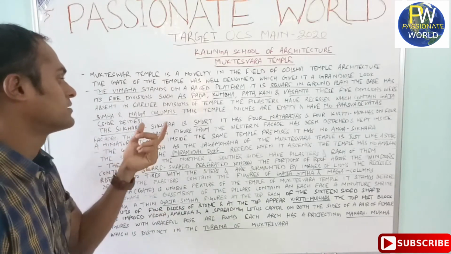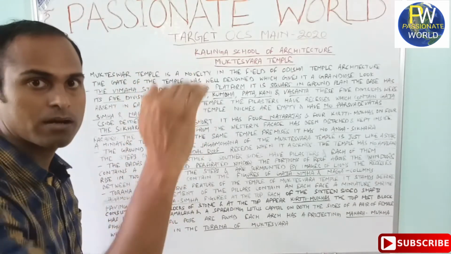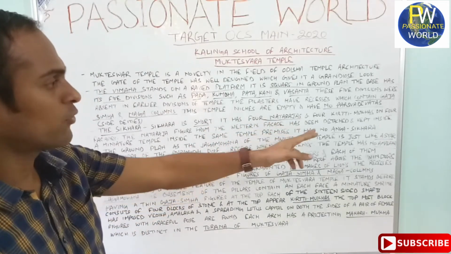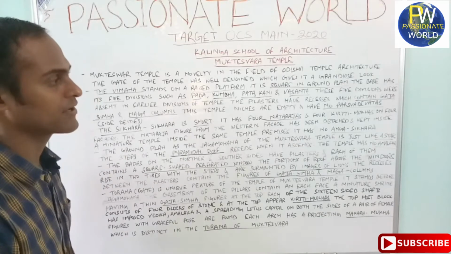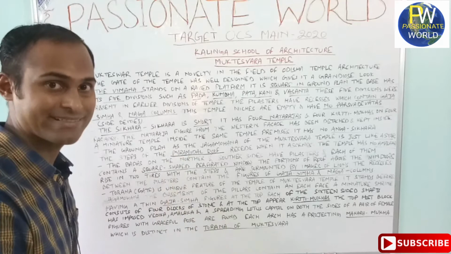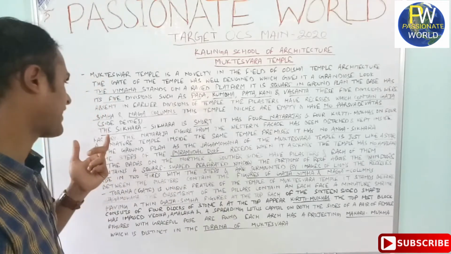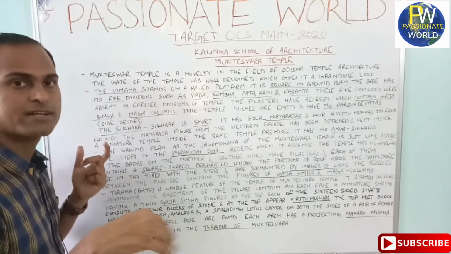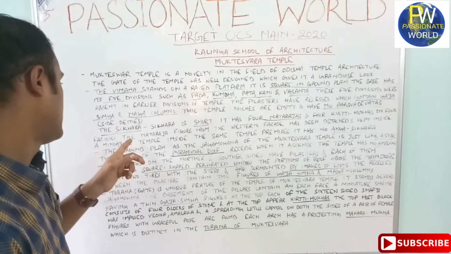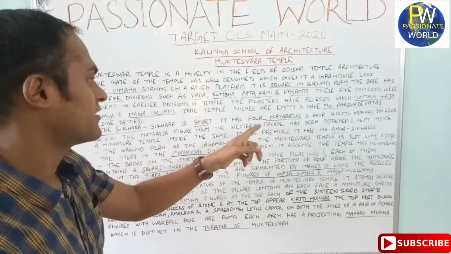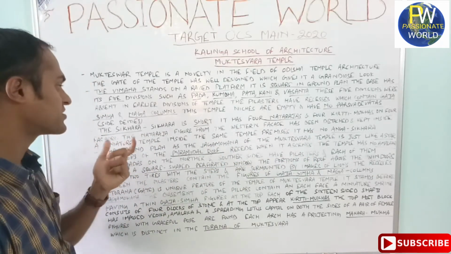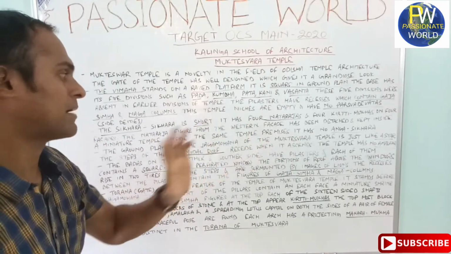The Sikhara is short. It has 4 Natarajas and 4 Kirti Mukhas on 4 facets. Remember, 4 Natarajas and 4 Kirti Mukhas on 4 sides.